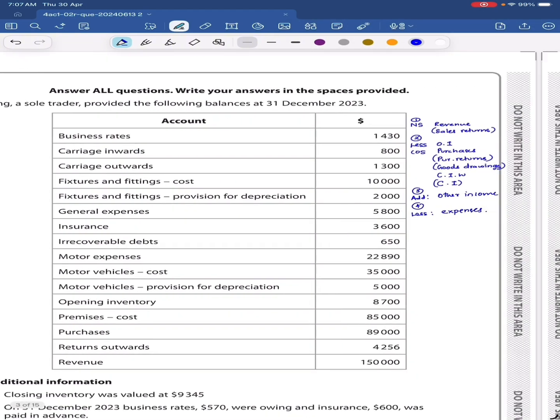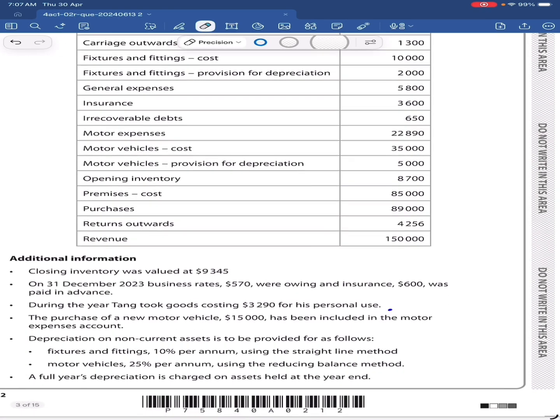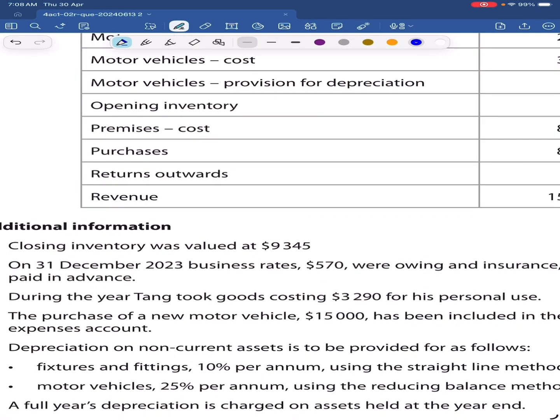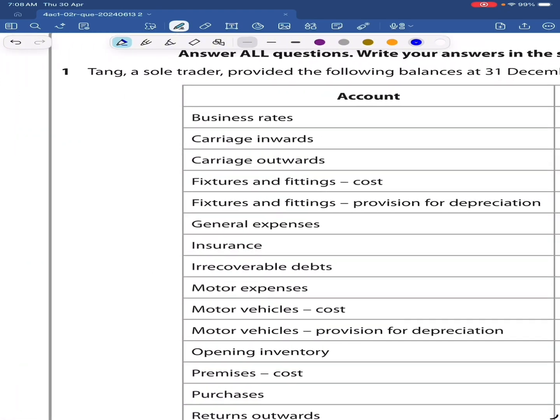Right? Now, having this in mind, let's prepare the income statement, and prior to that, it's important that all the adjustments are completed. So let's finish the additional information. Closing inventory. So let me keep some components ready.